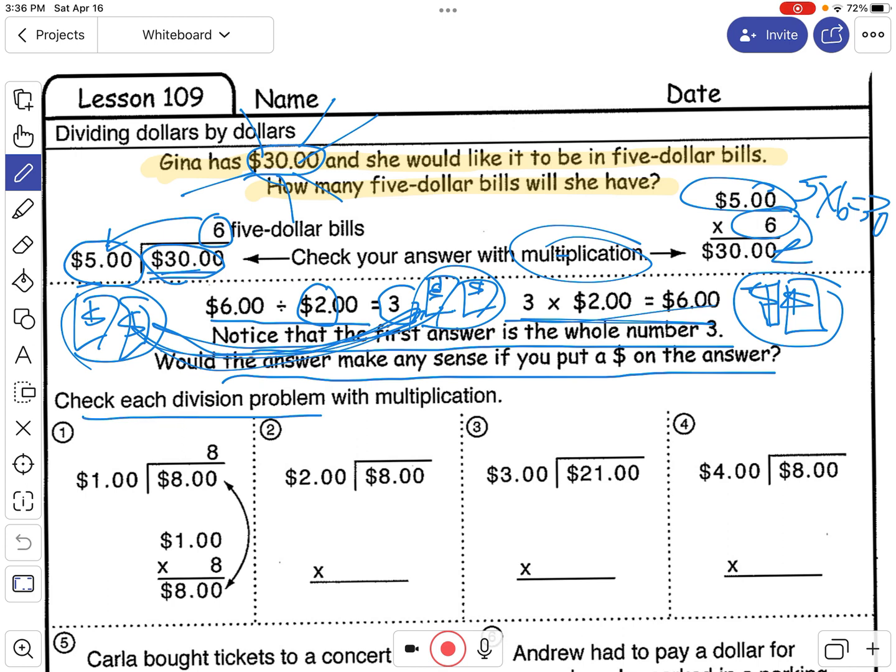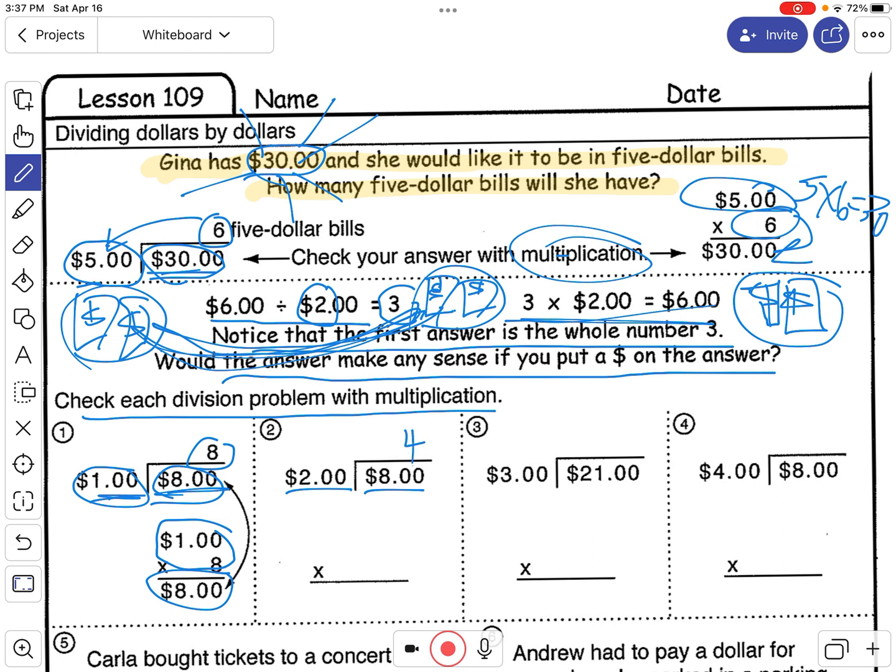Okay, check each division problem with the multiplication. $8 divided by $1, of course, is 8. It would take 8 $1 groups to make $8. And $1 times 8 equals $8. The only thing hard about this is knowing that you don't use a dollar sign for the answer. Here's $8 divided by $2. How many $2 are there in $8?